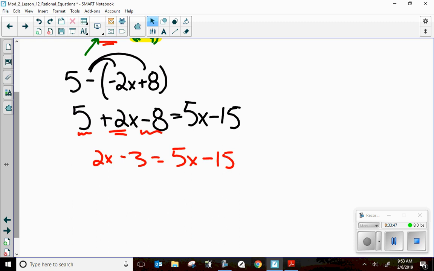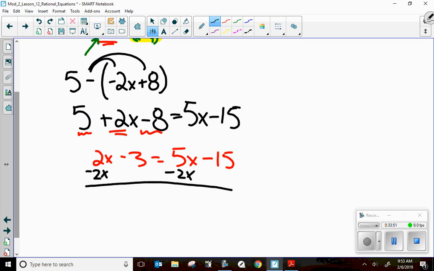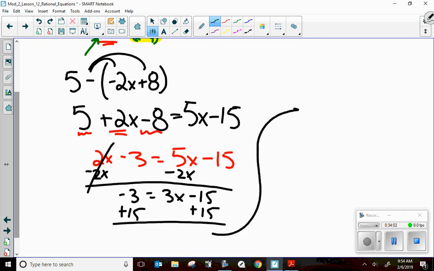All right? Let's subtract 2x from this side. -3 equals 3x minus 15. Let's add 15 to both sides. I now have 12 equals 3x. And if I divide by 3, x equals 4.